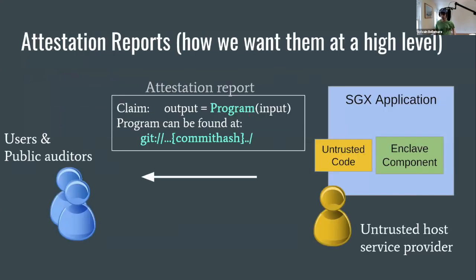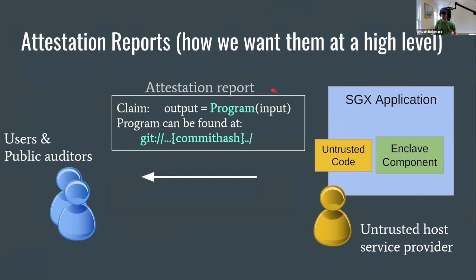Okay, so attestation reports. How do we want them at a high level? This is the direction that we're trying to go in. Here you have an SGX application with some untrusted code and an enclave component.